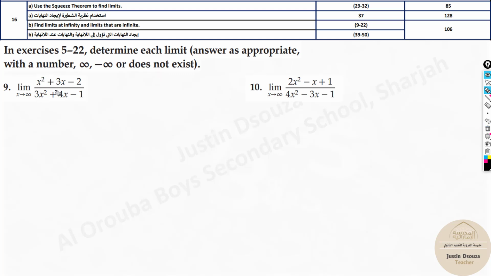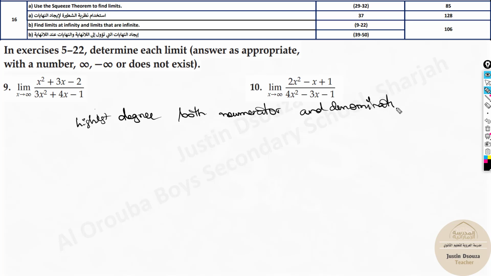The highest degree, in both numerator and denominator, is x power 2. Degree is 2. Therefore, x square by 3x square tends to 1 by 3. This is the answer.